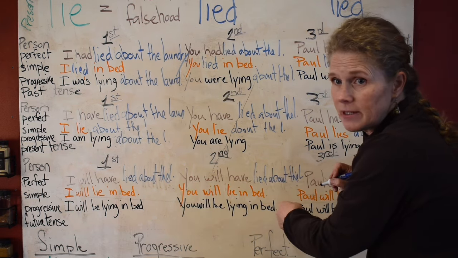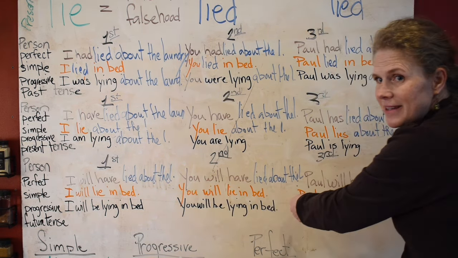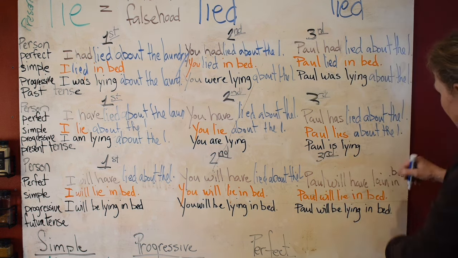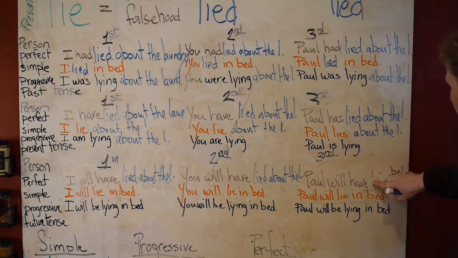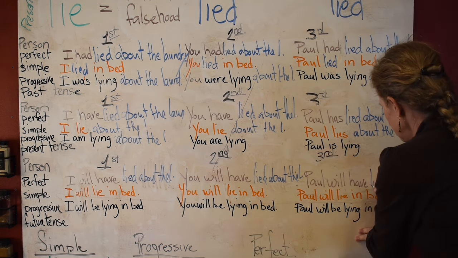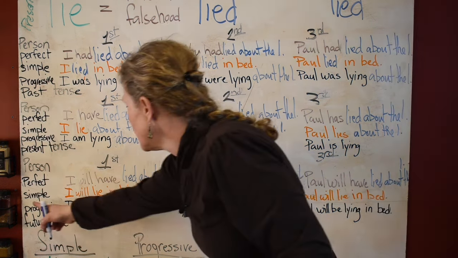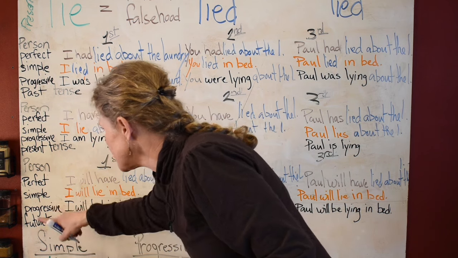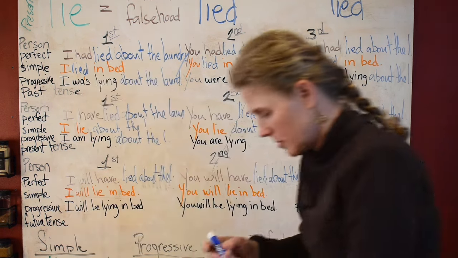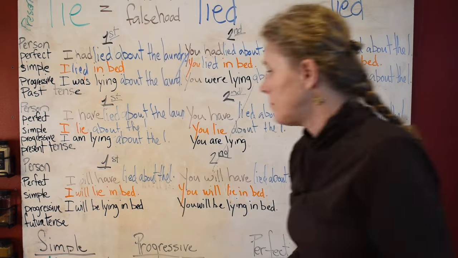And did you plan it? Did you plan to lie about the laundry? Okay, Paul will have lied about the laundry. Okay, so now, future tense, the simple future. I will lie in bed.